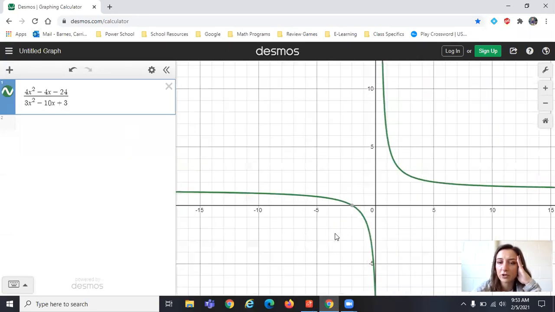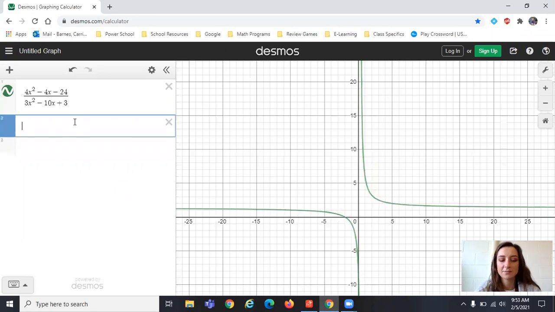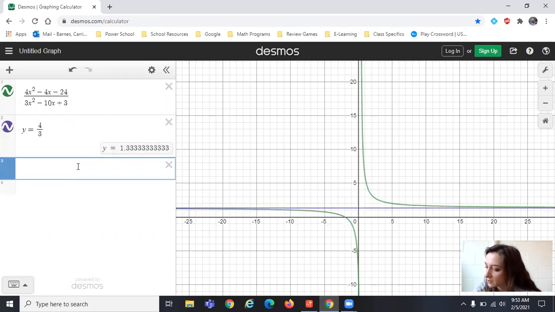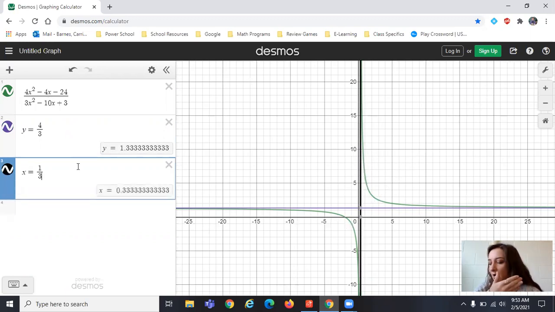Okay, here's our function. We got a horizontal asymptote at y equals 4/3. You can see that it fills in that gap there. We got a vertical asymptote at x equals 1/3. Also fills in the gap there.